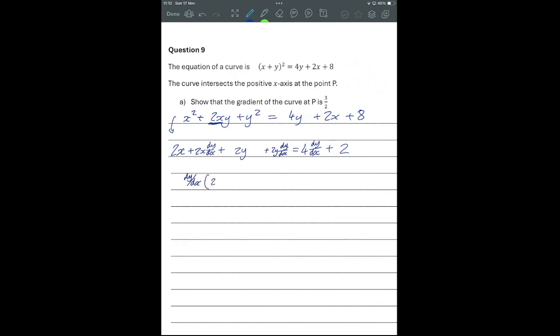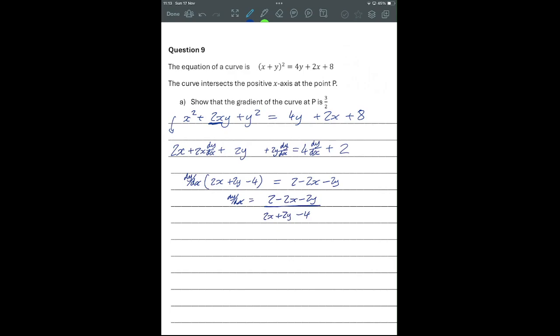I'm going to bring all the dy by dx's onto the same side, factor out all of that stuff, so I've moved that 4 dy by dx onto the left. And on the other side, I'm going to put all the terms without. So my dy by dx is the horrible fraction as so. I've actually got a common factor of 2, which I could divide through by, but that seems like extra effort.